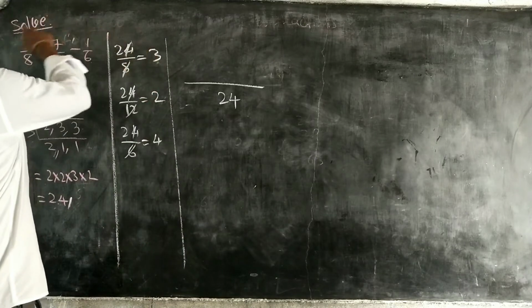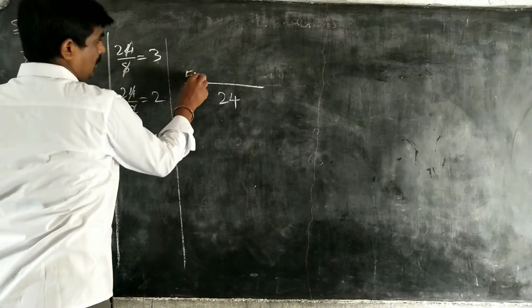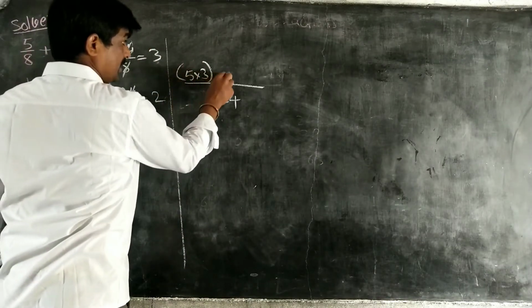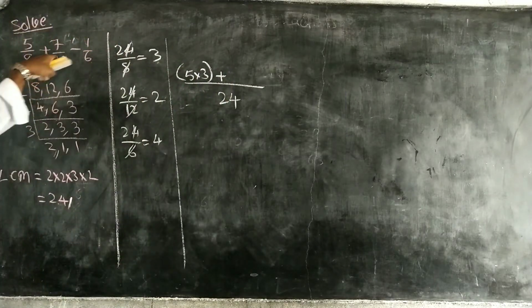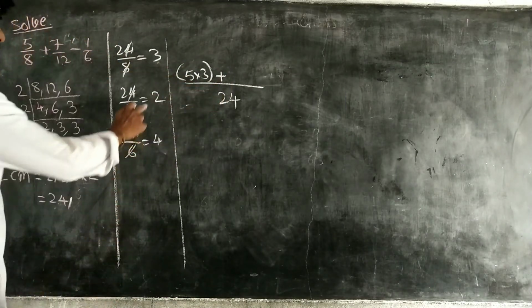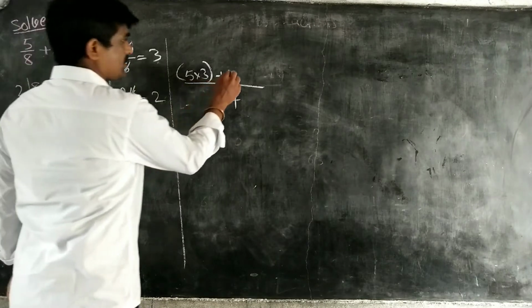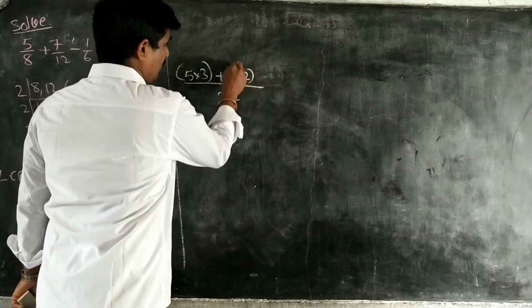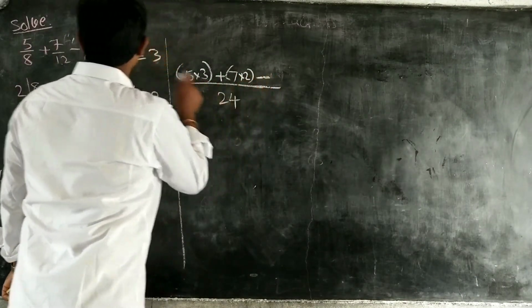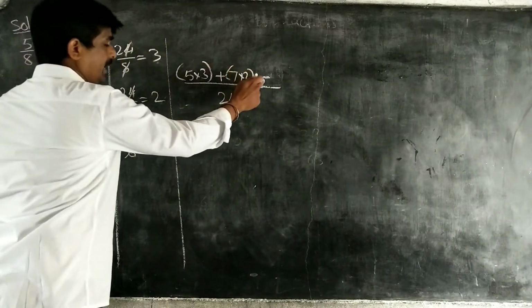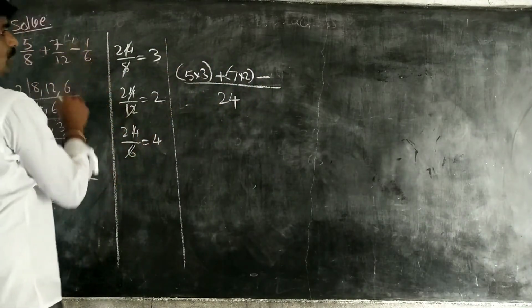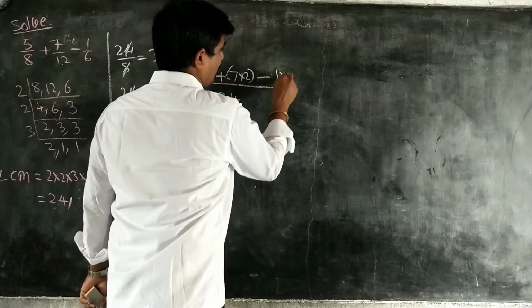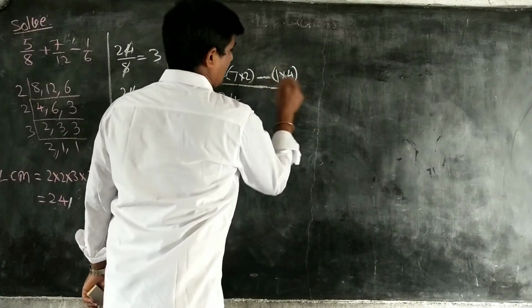This 3 into this 5. 5 into 3 plus, I am writing plus here. Next 2 into 7 or 7 into 2, both are the same, don't be confused. Minus, because there is a minus here, that's why I am writing minus. 4 into 1 or 1 into 4. Okay.